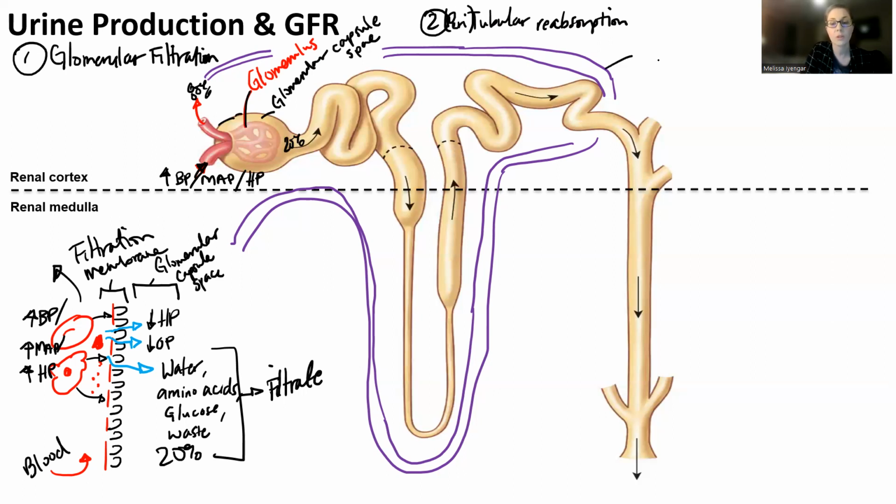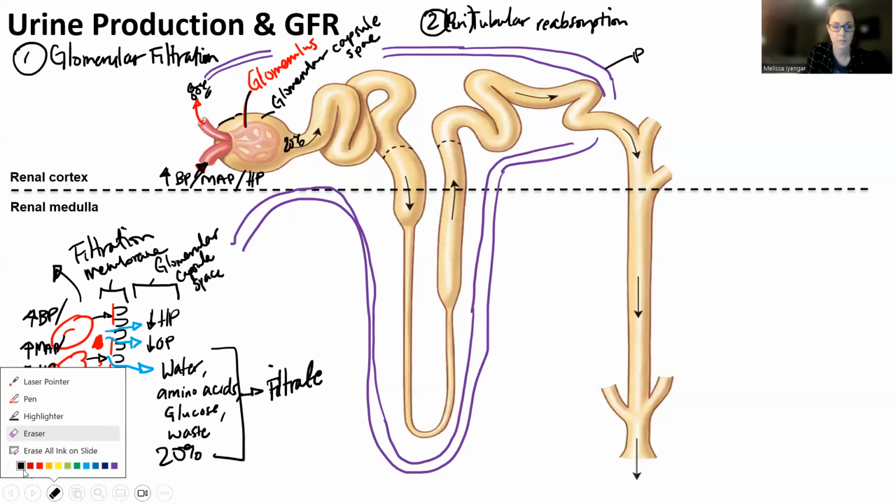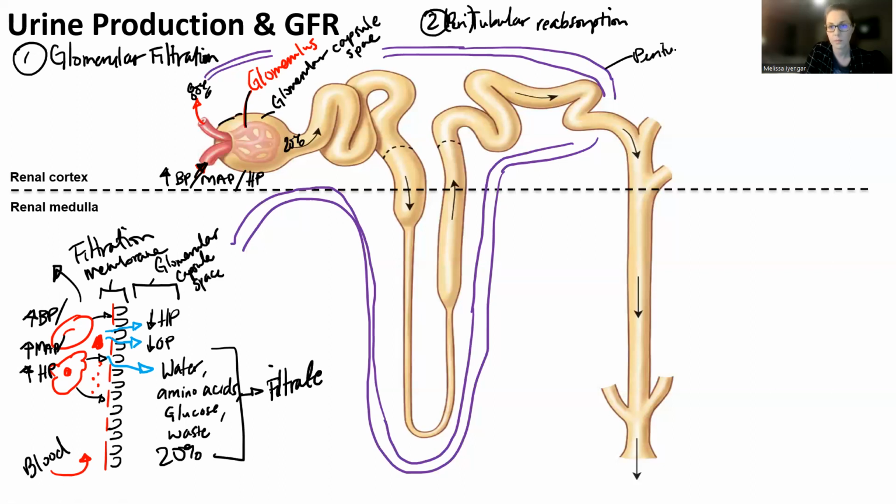Because remember, this is the peritubular capillary. And because of that, we want to understand that peritubular reabsorption, or tubular reabsorption, means you pull stuff back into the peritubular capillary, okay? This primarily happens at the proximal convoluted tubule. So roughly 60 to 70% of the filtrate is actually going to get reabsorbed here at the proximal convoluted tubule.